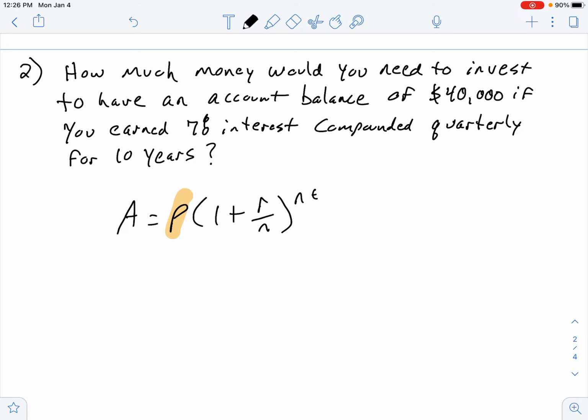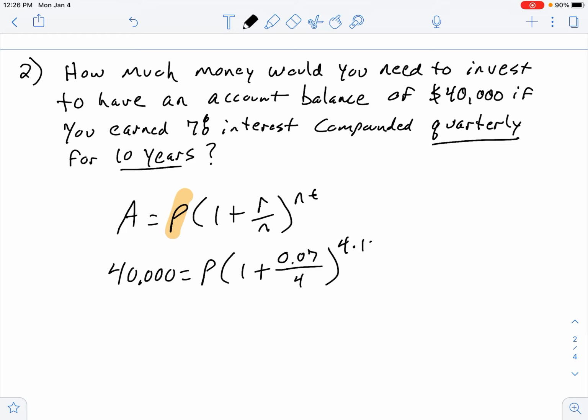We want to know how much you would need to invest so that you get an account balance of 40,000. The interest rate is 7%, so 0.07, compounded quarterly, so that is 4, and then 4 times 10 years.